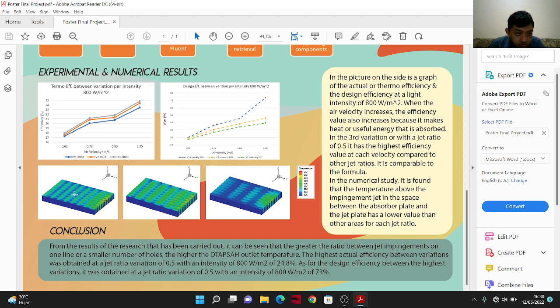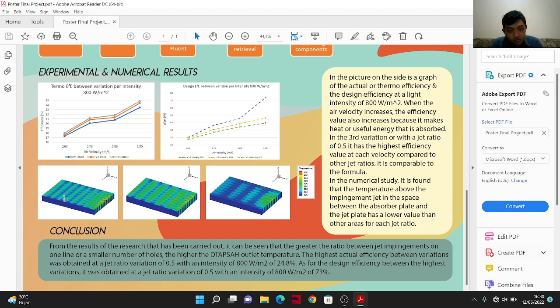And for the green color contour, it indicates that the velocity is lower than in other jet impingement areas, and the temperature is higher than in the area below the jet impingement.